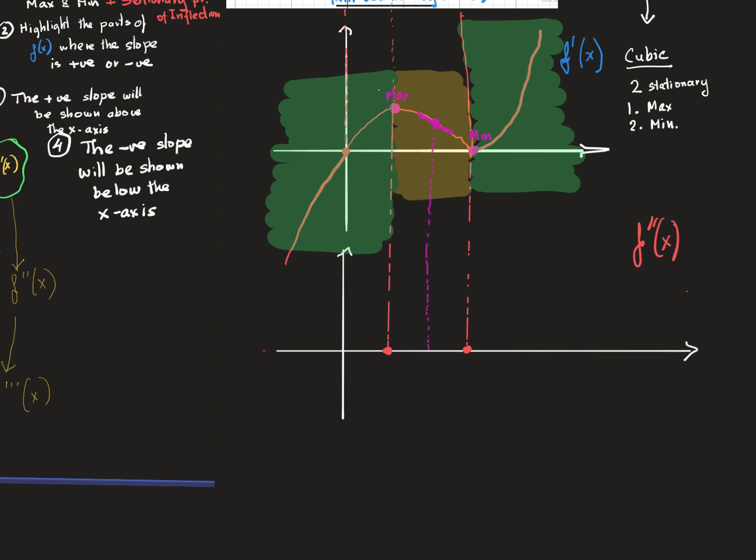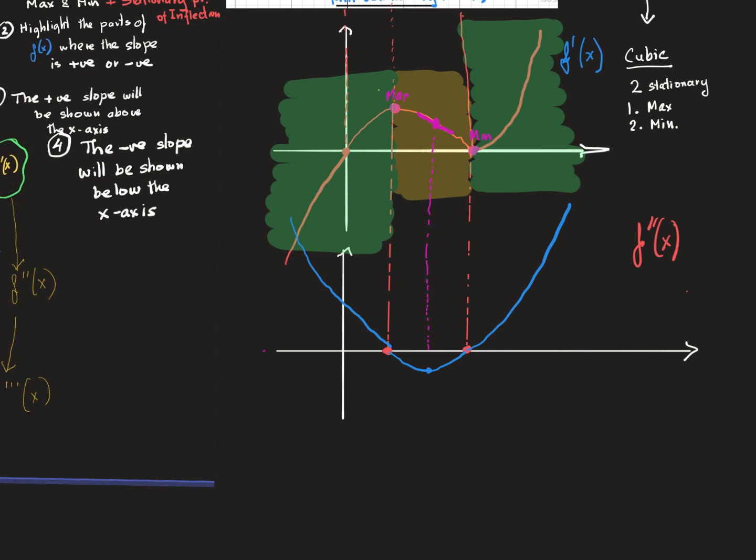And so the positive slope must be shown above the x-axis, and that's how it will be shown up here. And of course, the middle section is the negative slope, which will be shown below the x-axis, where it comes up to a minimum and then comes back again to this bit.